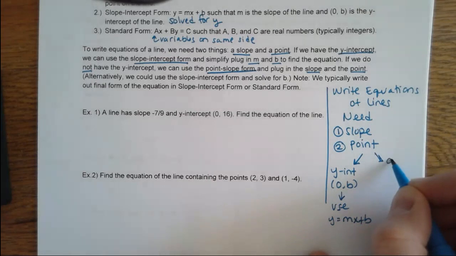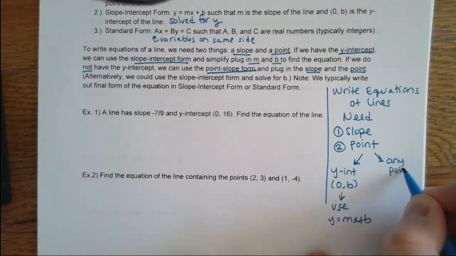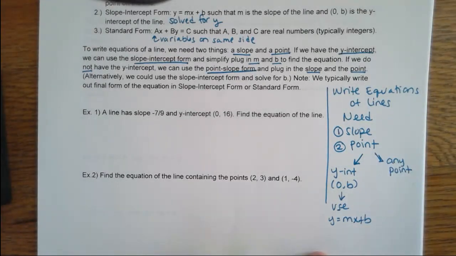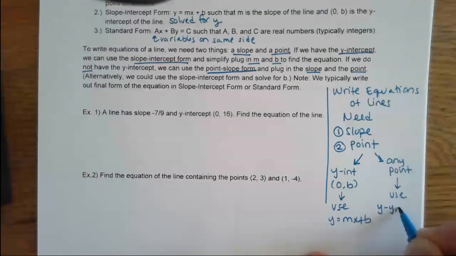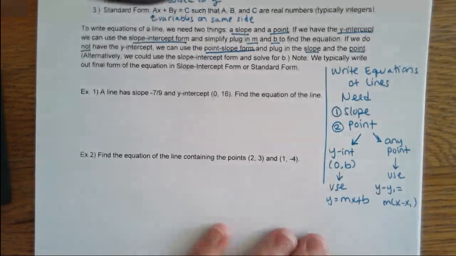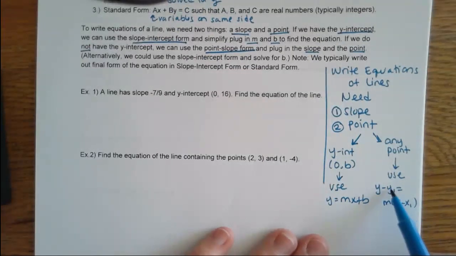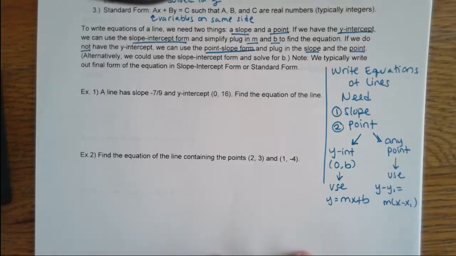If you have any point though, and this also includes the y-intercept, so this method will always work no matter which point you have, I do recommend that you use the other form, so the point-slope form y minus y1 equals m times x minus x1. And what we're going to do there is we'll plug in our slope and we'll plug in the values of the point, and then usually we'll do some simplifying and clean it up.